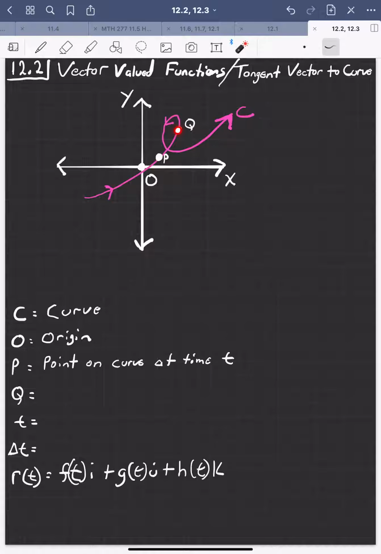So clearly, some time has passed, from tonight to tomorrow night, and clearly, the position has changed. So, how do we think about point Q? Well, again, it's a point on the curve.